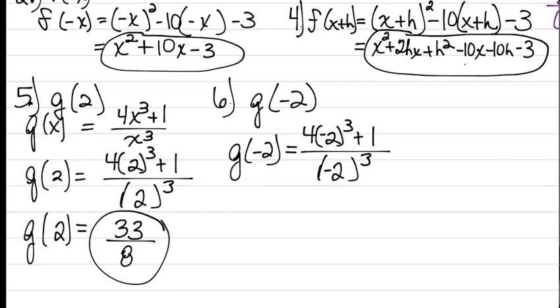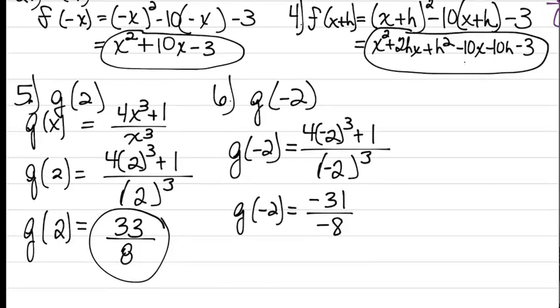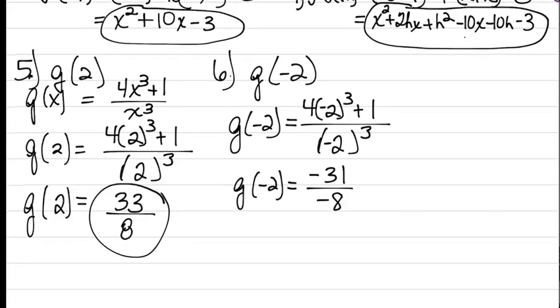So this time, when I take that -2 and cube it, I'm going to get a -8. -8 times 4 is a -32, and a -32 plus 1 is a -31. Then in my denominator, I have that -2 cubed, that's -8. Negative divided by a negative is a positive. So I have a positive 31 over 8. And that one too is reduced to lowest terms.